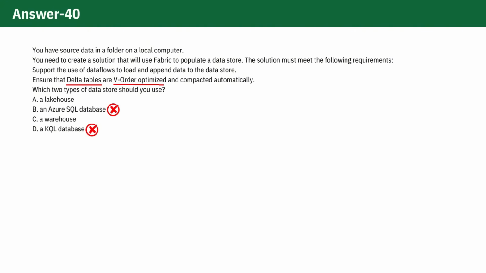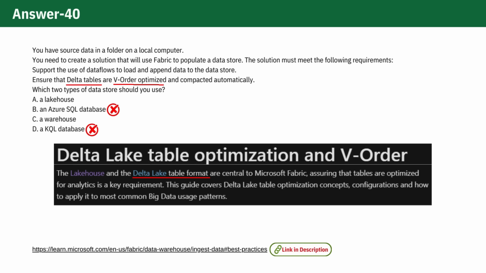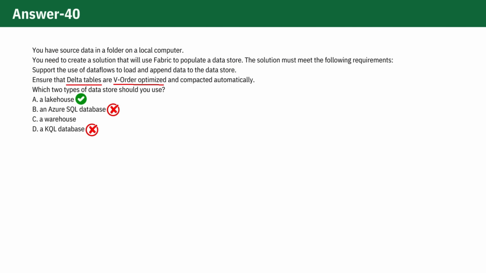Now, option A. Lakehouse is ideal as it utilizes the Delta Lake table format, which is central to Microsoft Fabric. This ensures that tables are optimized for analytics, which is detailed in Microsoft Fabric's documentation. Therefore, it is correct.